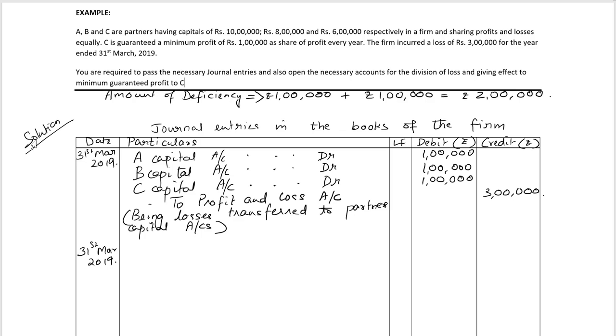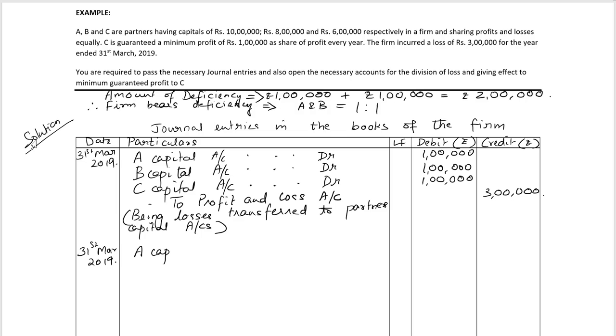There is nothing mentioned in the sum as to who will bear the deficiency. So, the firm bears it. In other words, A and B will bear the deficiency in the old profit sharing ratio between them, which is 1:1. So let's pass the journal entry for giving 2 lakh to C and A and B bearing the deficiency.